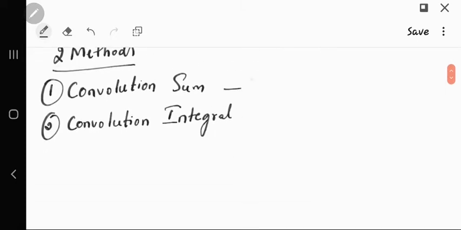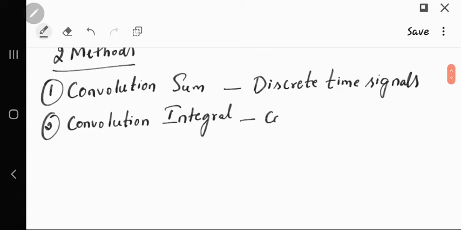The convolution sum is for discrete time signals, and the convolution integral is for continuous time signals. So let's take them one by one.